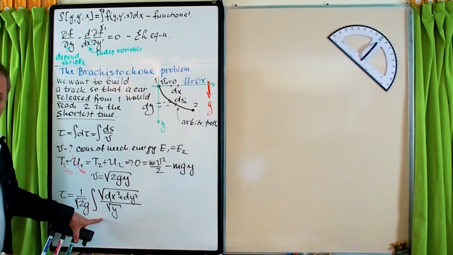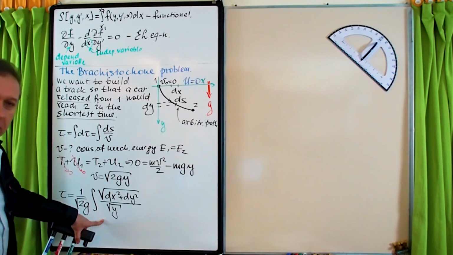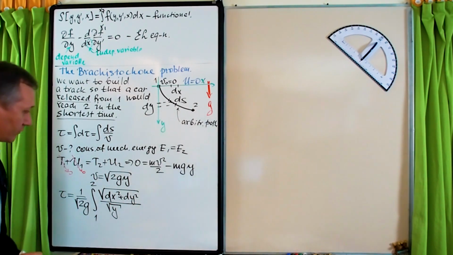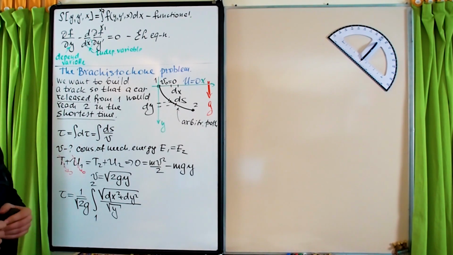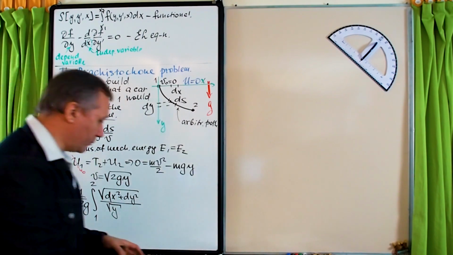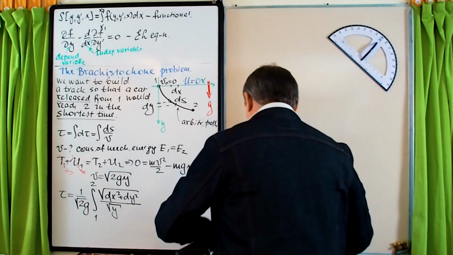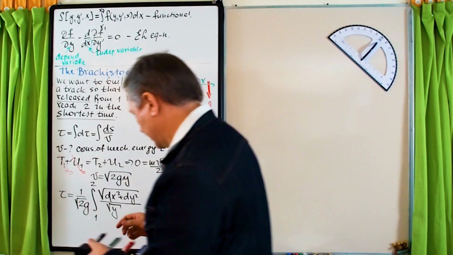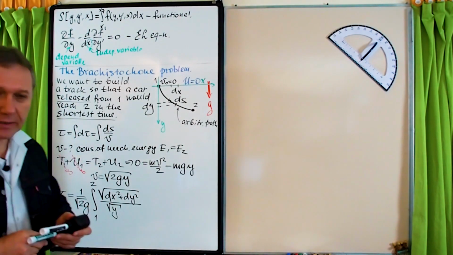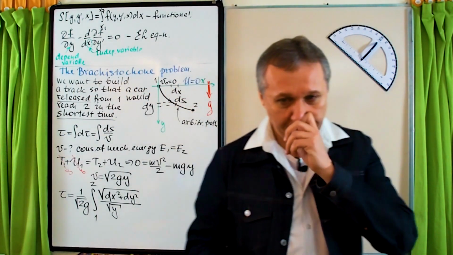And I'm still not writing the limits explicitly. I will just put point 1 and point 2 because right now we have to make an important decision. I will frame it later. Right now it's not the final product.